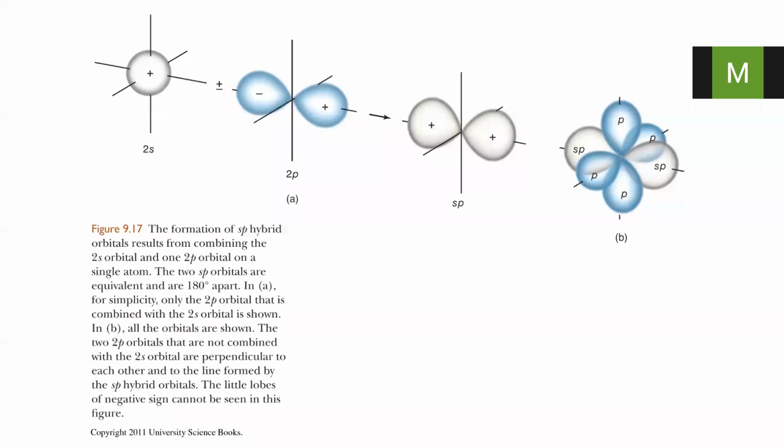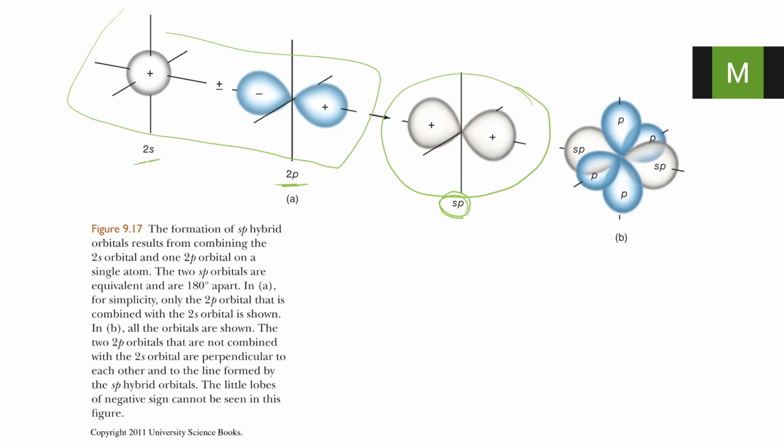Some molecules, though, will combine. So if we think about what this looks like after those orbitals combine, again, this is sp hybrid. We combine these s and p orbitals to get out these sp hybrid orbitals. These are the 2 sp hybrid orbitals that come out of the combination of the 2p and the 2s.